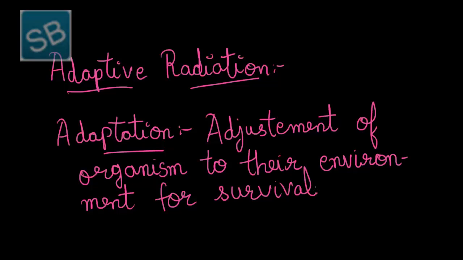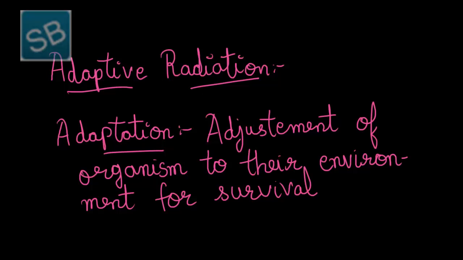Thus, the same species of organism in different environments exhibit different types of habits and nature. It is because of this adaptation. And so, when organisms of the same group occupy different environments or habitats, they develop different kinds of adaptation.